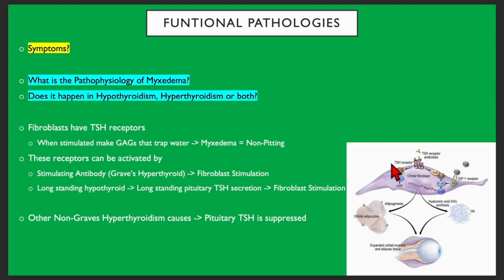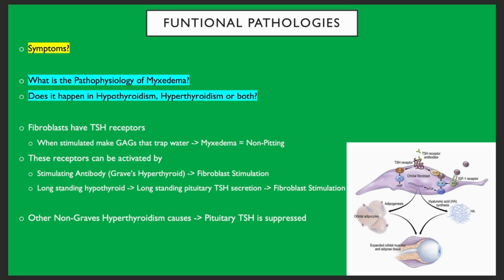If you have prolonged TSH or TSH-activating antibodies, then the fibroblasts will activate, they will secrete glycosaminoglycans, and these will trap water inside them, and it will make something like an edema, but it's not actually edema, it's water with the glycosaminoglycans, and we call it myxedema, and this is a non-pitting edema.